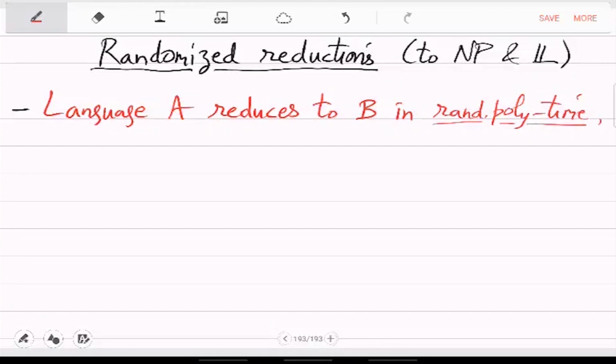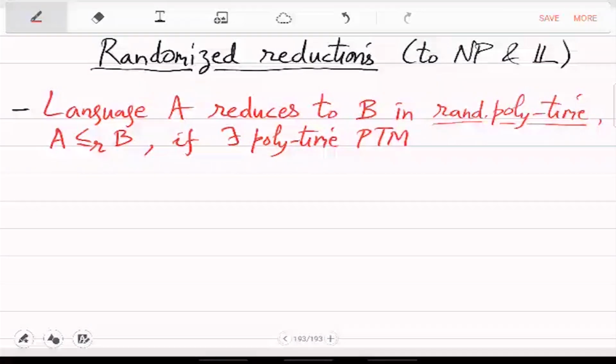We'll denote it like A less than or equal to subscript R B, to mean that it's a randomized polynomial time reduction, not a deterministic polynomial time one, if there exists a polytime probabilistic Turing machine M such that for all input x, probability of B of M of x being equal to A of x is quite good.